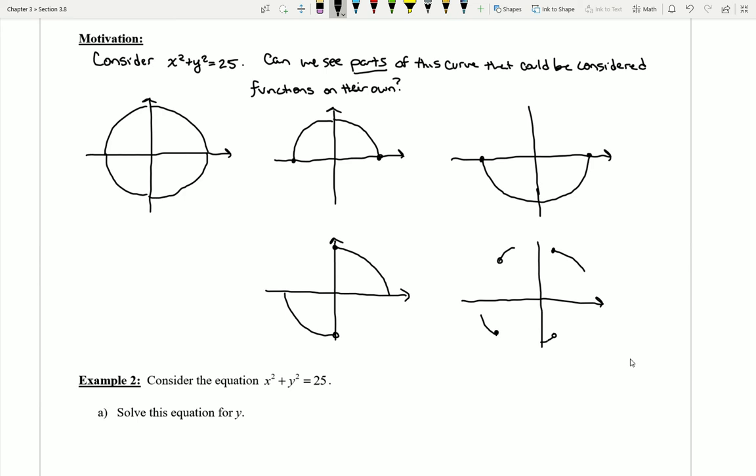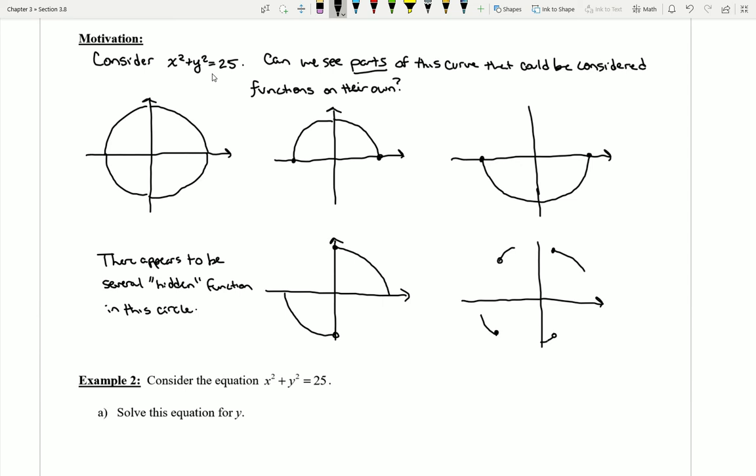So what we can see is that there appear to be several, I'll put this in quotes, "hidden functions" in this circle, that is, in this implicit equation.